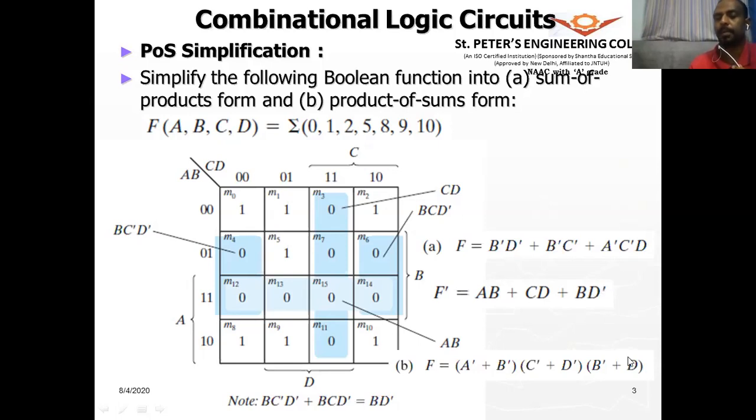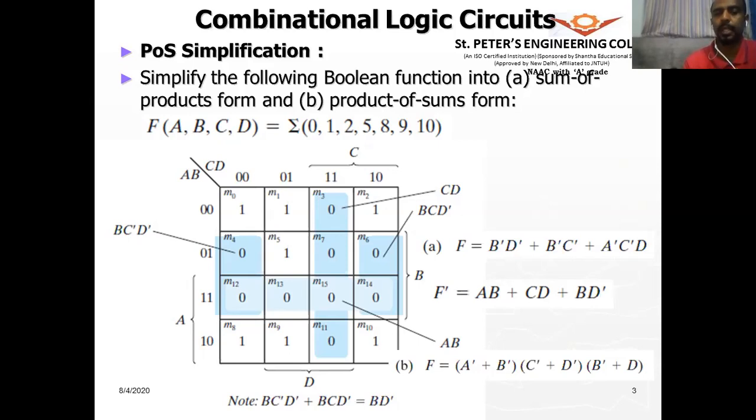D double complement is D. So therefore, this is the POS form of this function realized by taking the F complement and then complementing it again. All right. So this is the way we do the POS simplification.